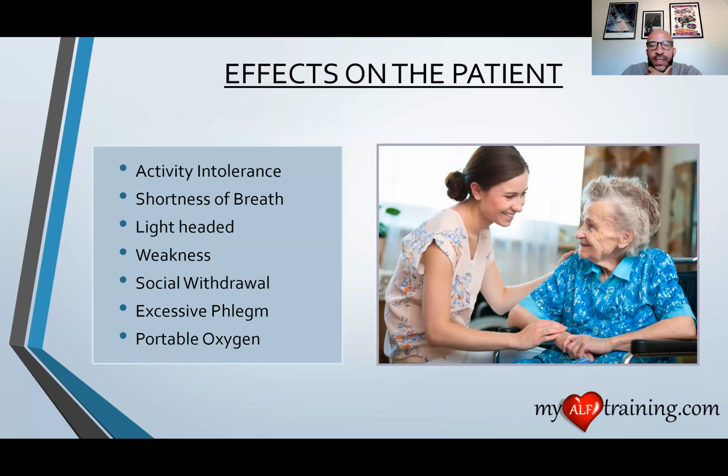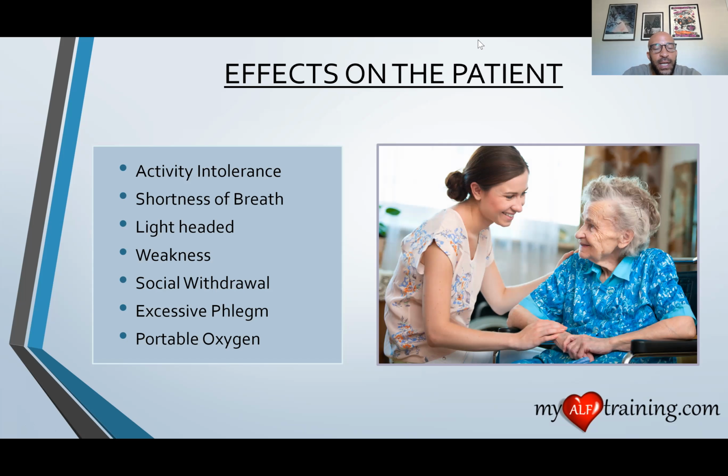So what effects does COPD have on these patients? We now have an idea of what COPD is and how it affects the lungs. We talked about how COPD patients have mucus in their lungs, narrowing of the bronchial tubes, and lost elasticity in the alveoli, the small sacs at the end of the bronchial tubes.